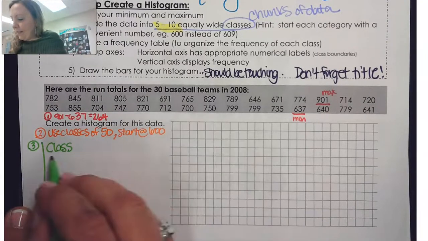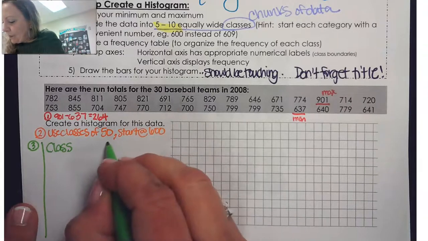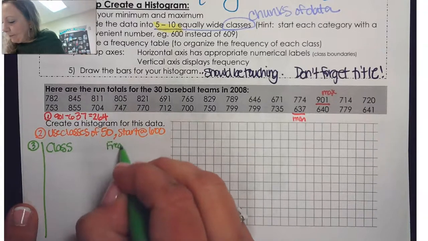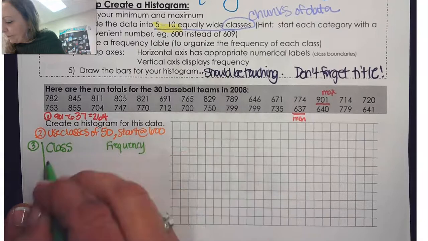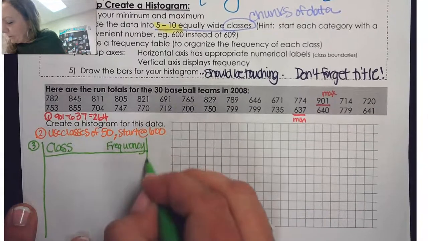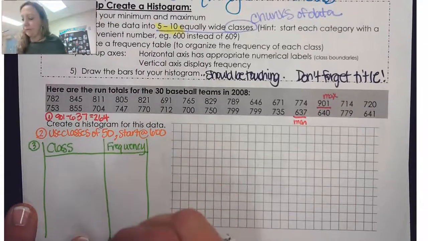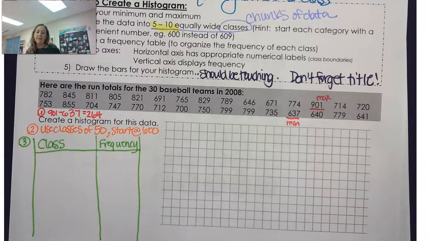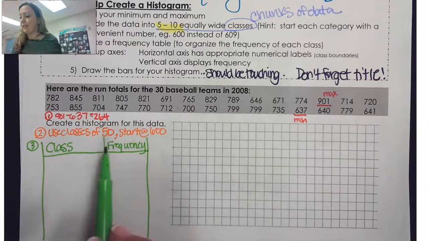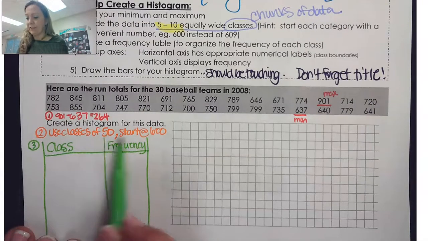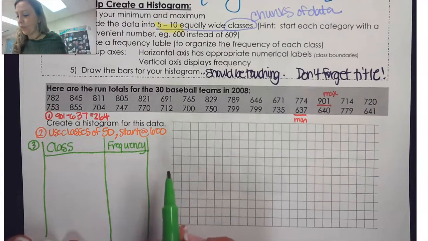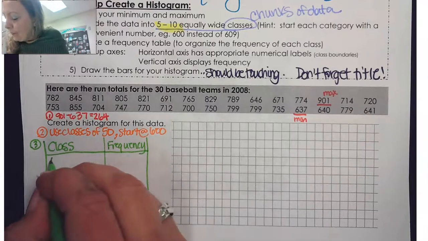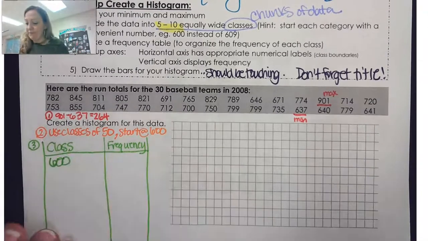And then make that one a little wider than this other one, which will be the frequency. And when we talk about our class, that's going to be the chunk of data. We said that we want to use classes of 50 starting at 600. So what we want is to go from 600.